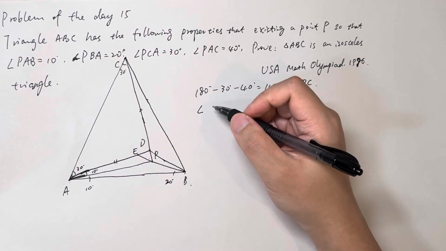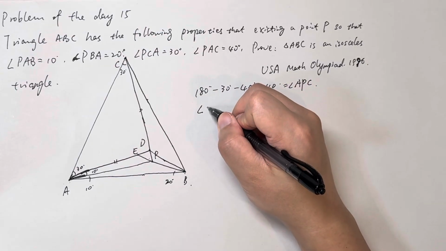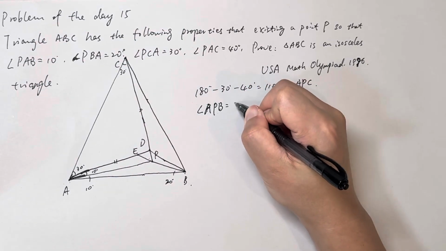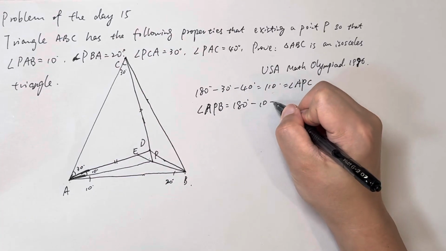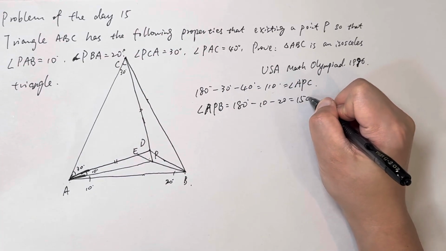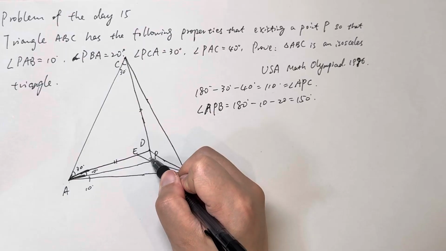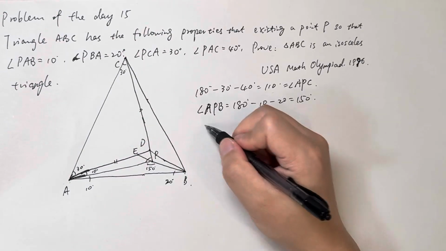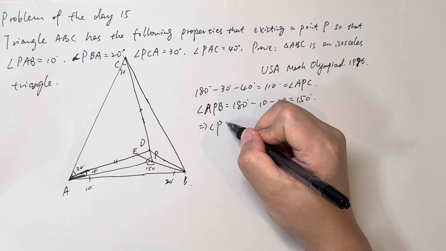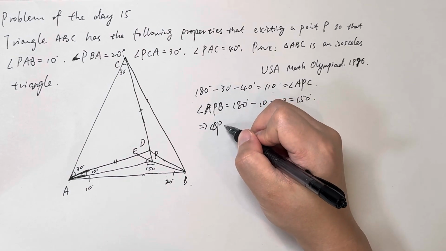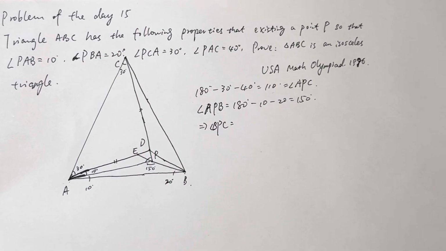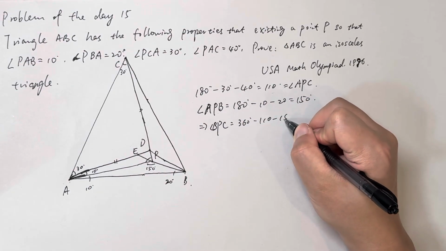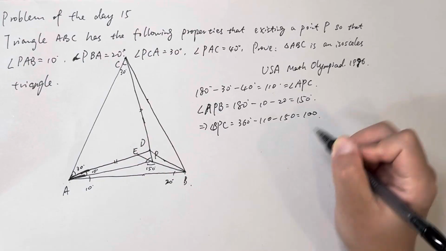And for the angle APB, it equals to 180 degrees minus 10 minus 20 equals to 150 degrees, right? So this is 110, this is 150, which means angle BPC equals to 360 minus 110 minus 150 equals to 100, right?